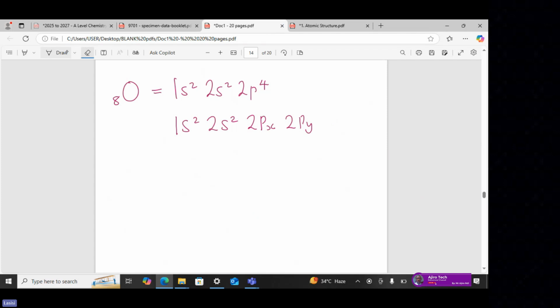Now, how do you share 4 electrons among them? Don't forget the rule. We give them 1 each before we start pairing up. One at px, one at py, one at pz, so it should be 2 1 1. By the time you give 1, you come back again and give 2.